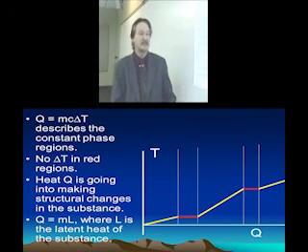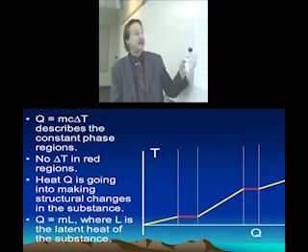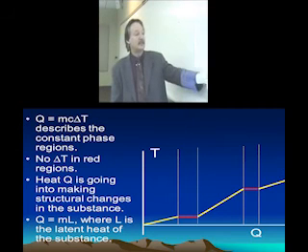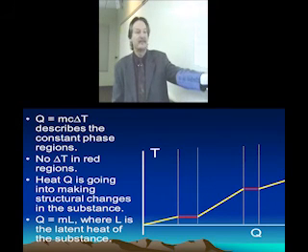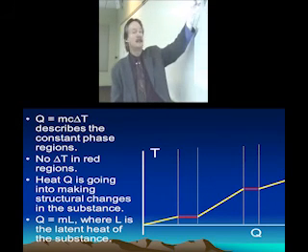5 different calculations. The 3 calculations that involve the sloping lines will use mc delta T. Now, c is going to be the c that corresponds to the particular phase, whether it's solid, liquid, or gas.